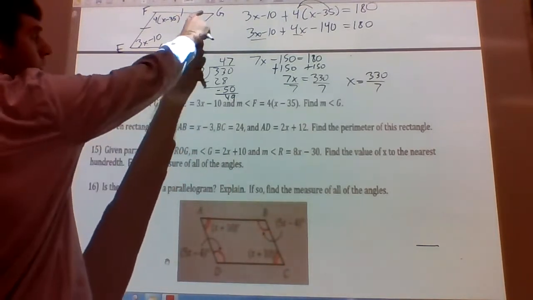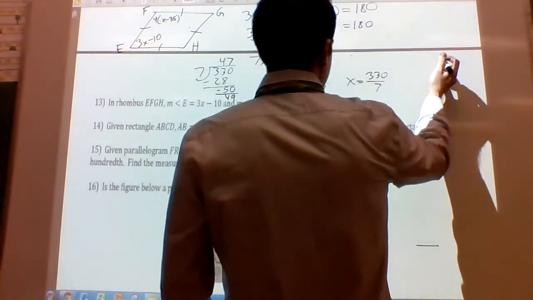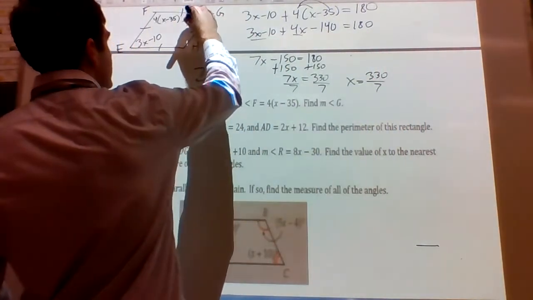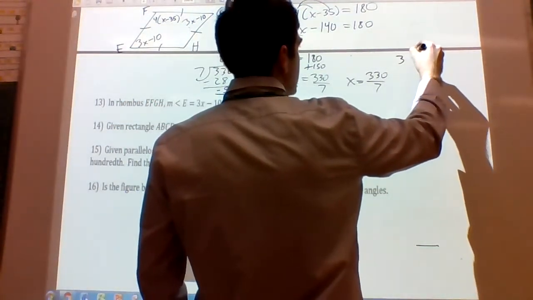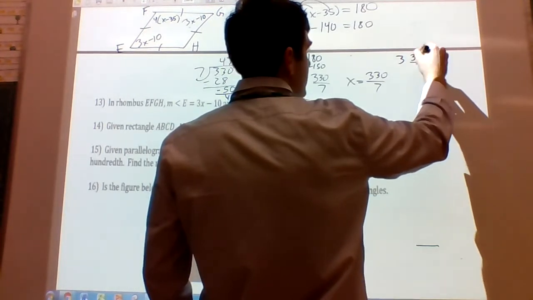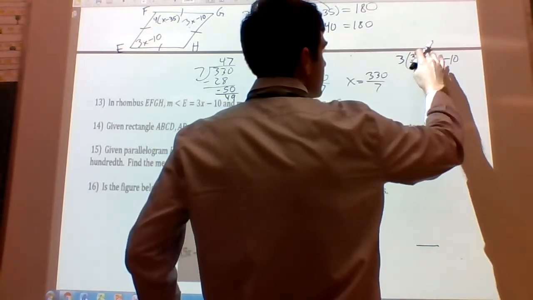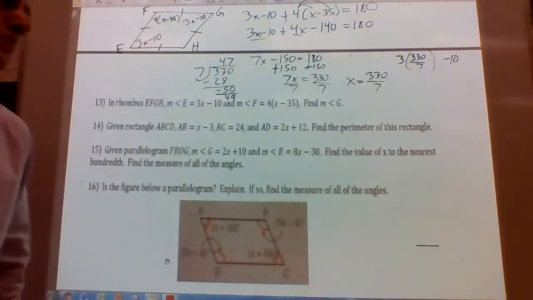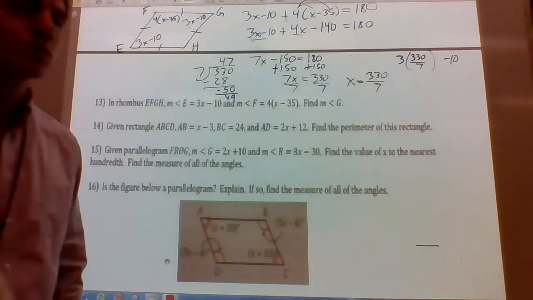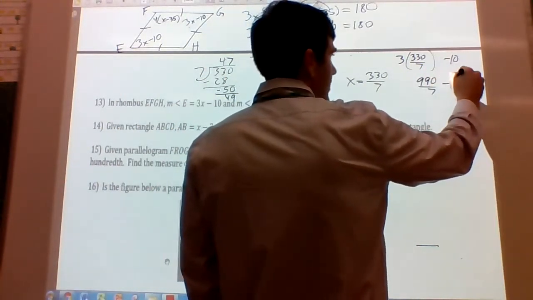So we know angle E and angle G are opposite angles, so those angles are going to be congruent. So angle E, if we substitute in, is going to be the same as angle G. So this is also going to be 3x minus 10. So to find angle G, we're going to substitute in 330 over 7 subtracted by 10. 330 times 3 is 990 over 7 minus 10.